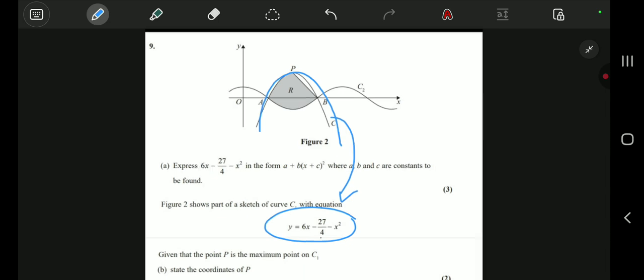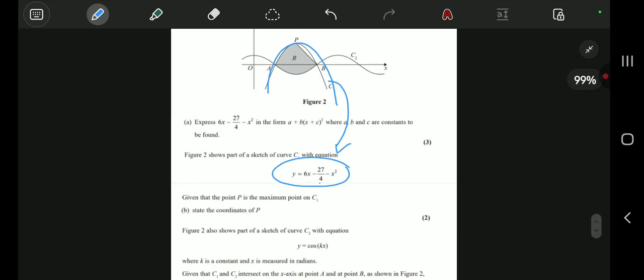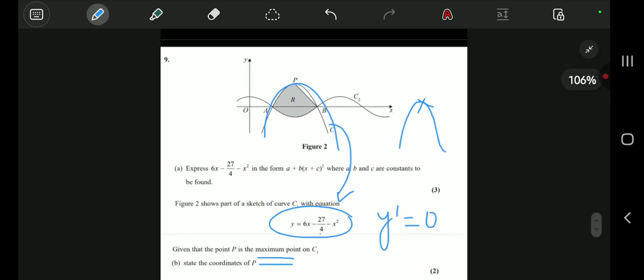Whenever we need to find the coordinates of P, we set y prime equal to 0. Okay, from here we can get the coordinates of the stationary point, the maximum or the minimum. For any curve, we call this a stationary point, whether it is a maximum or a minimum. But when we are sure of its nature, it is a maximum, so it's like this one.